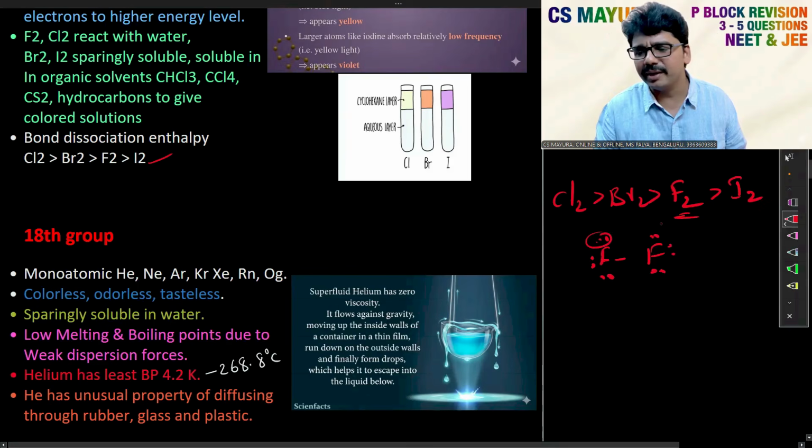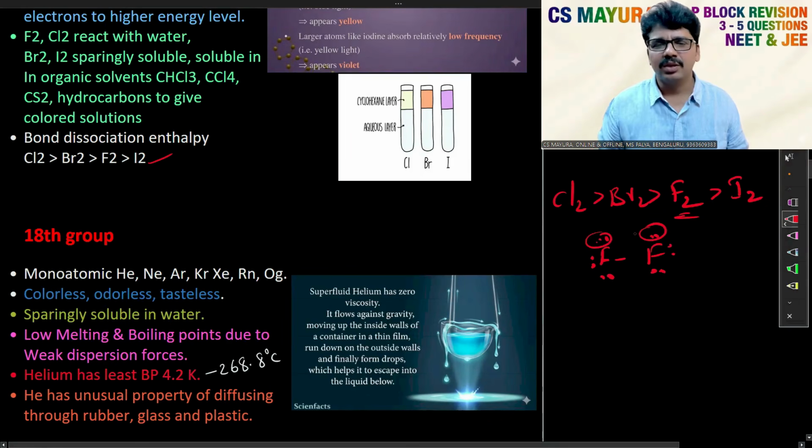So lone pair repulsions are very high. The lone pairs are very close to each other, repulsions are more, and the bond breaks easily. So the bond dissociation enthalpy order is chlorine, next bromine, next fluorine, and next iodine.